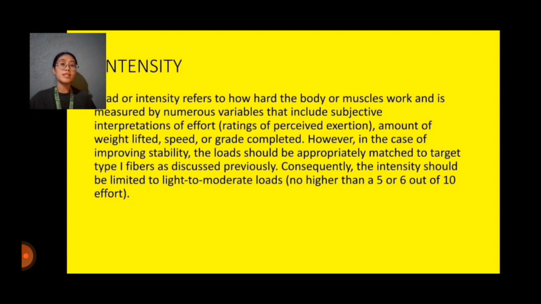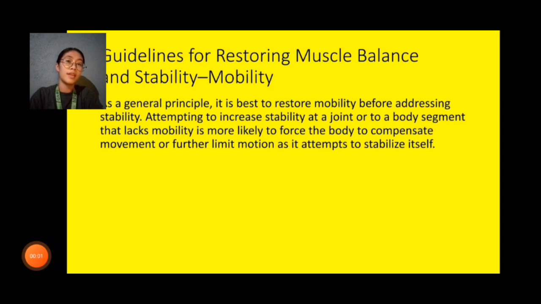However, in the case of improving stability, the load should be appropriately matched to target type 1 fibers as discussed previously. Consequently, the intensity should be limited to light to moderate loads, or no higher than 5 or 6 out of 10 effort. The next one is guidelines for restoring muscle balance and stability and mobility.